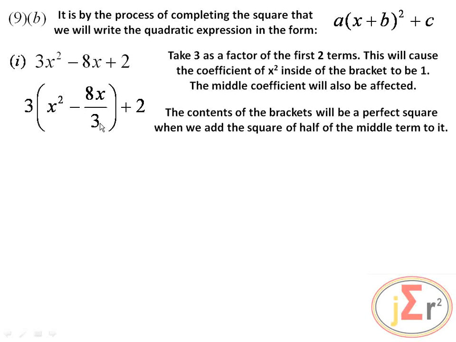Half of 8 over 3 is 4 over 3. Then we will square 4 over 3. Square 4, we get 16. Square 3, we get 9. So we have inside of this pair of brackets a completed square.